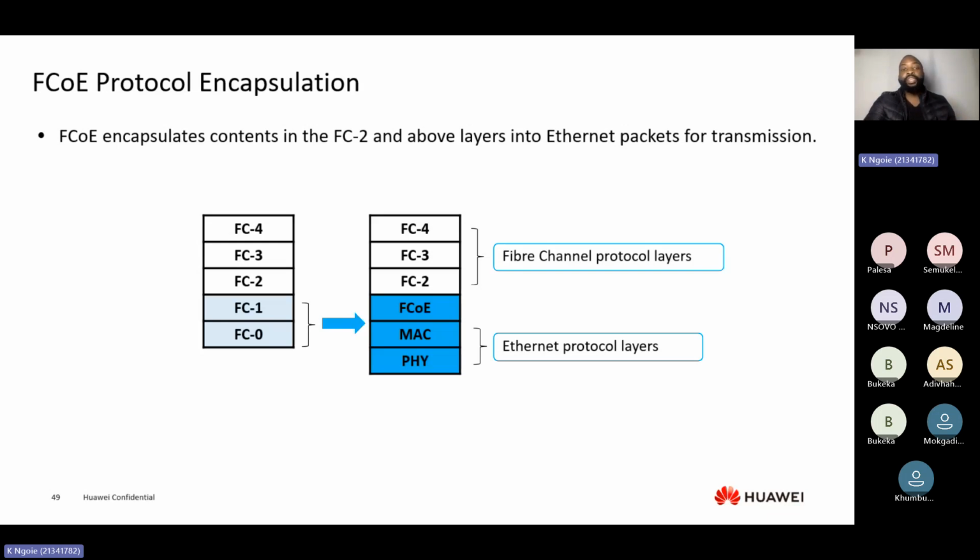And then you have the FC3, which is another layer, which is just for general services, right? So basically, this will provide all the utilities, like stripping the data in such a way that, let's say you have multiple devices or multiple ports to your device, and you want to connect your network through these multiple ports.